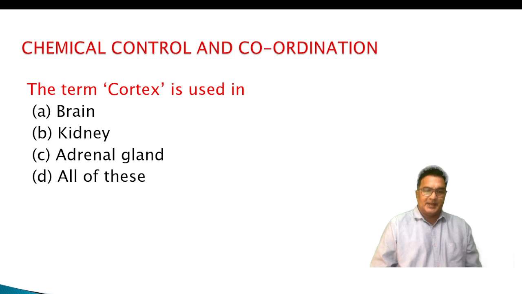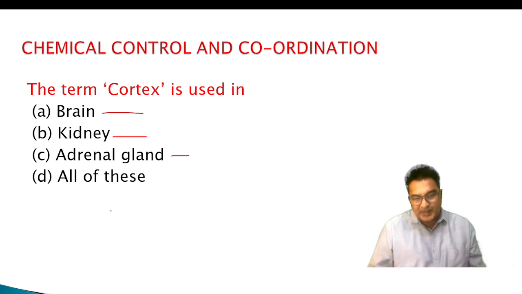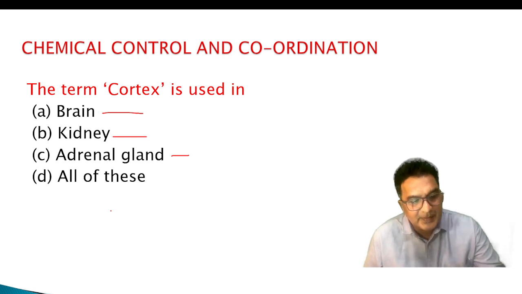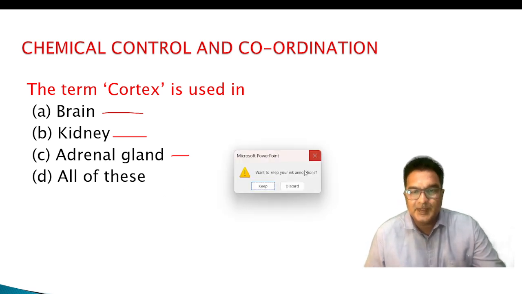We use the word cortex in the brain also. Brain, outer gray matter is cortex and inner is medulla. Kidney, we know, outer cortex and inner medulla. Adrenal gland has an outer cortex with zona glomerulosa, fasciculata, and reticularis. So, what is our answer then? All of these.